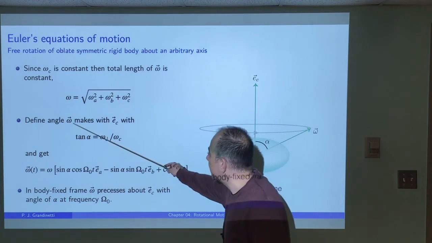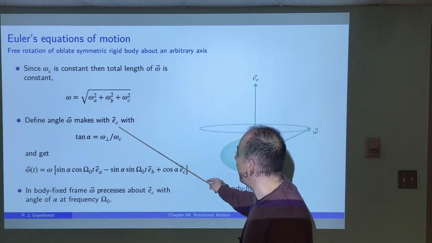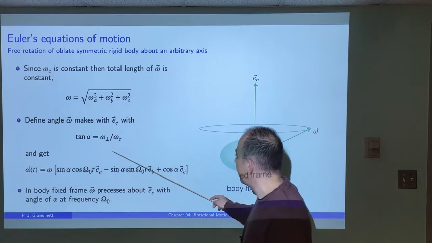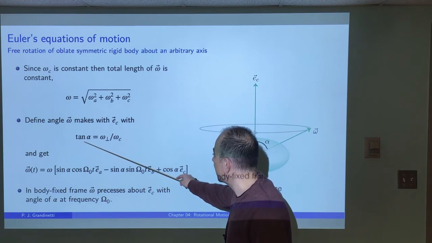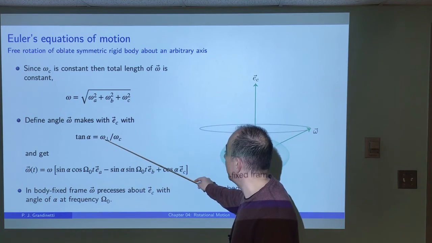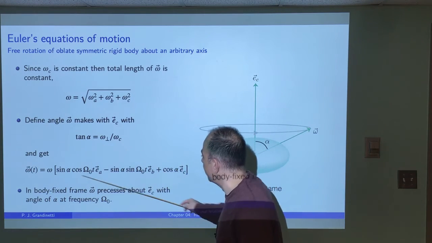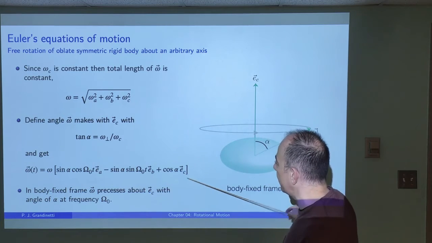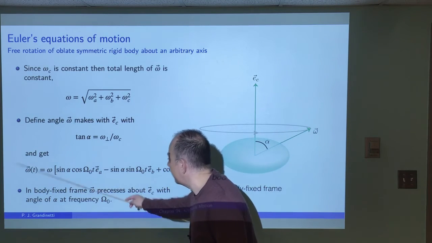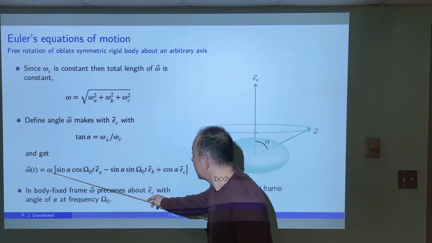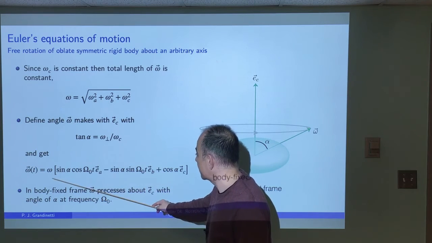Now the angle that the angular velocity vector makes with the c direction is going to be given by this expression. So tan of the angle is omega perpendicular over omega_c. And then with that definition, we can just write this in this form here. So the angular velocity vector, which is time dependent, has the magnitude given by this expression.